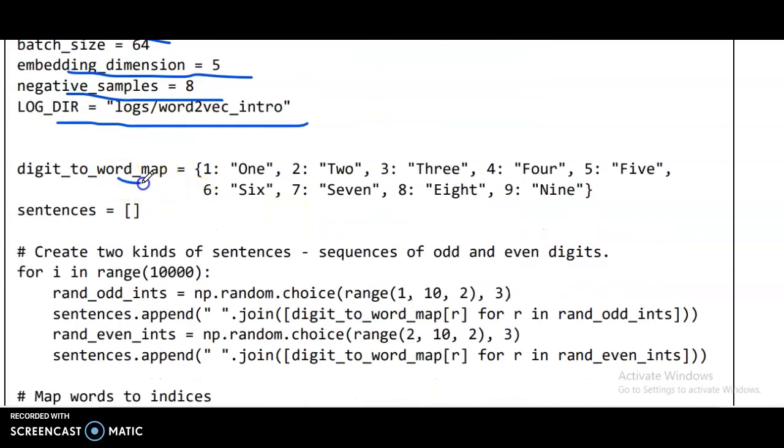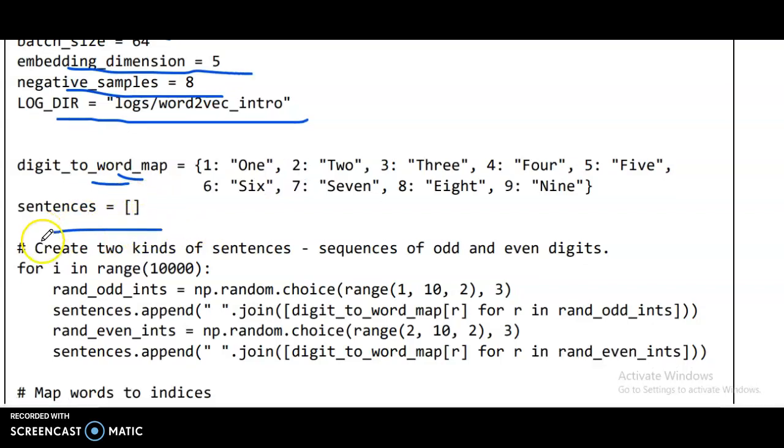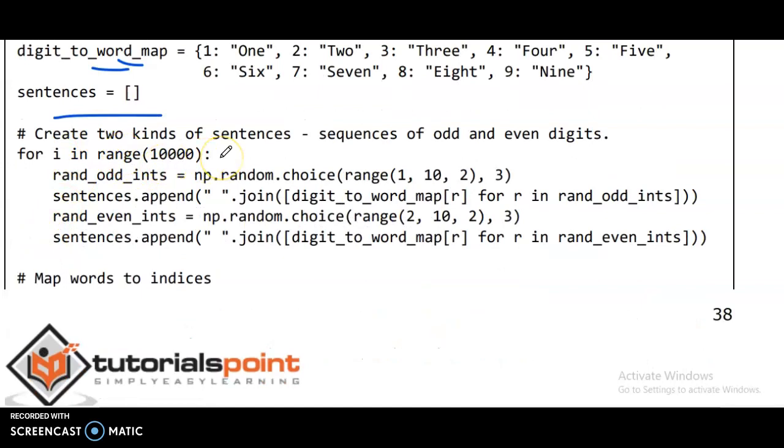Introduction: digit to word map equal to 1, 2, 3, 4, 5, 6, 7, 8, 9, digit word map, sentences, square brackets open and close. Create two kinds of sentences. Sentences of odd and even digits, for i in range 10,000.